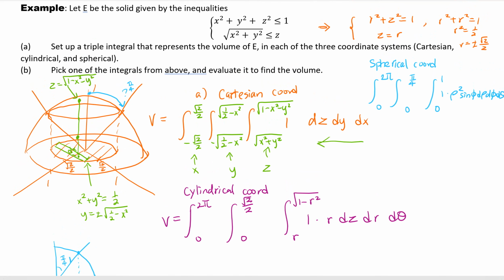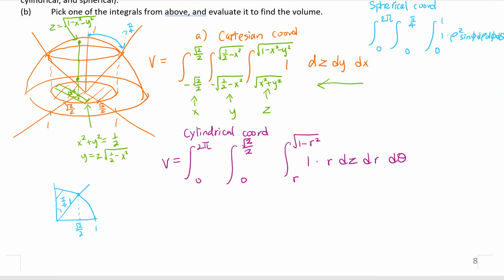That is exactly the rho. So it's right here, from 0 to 1. Okay, and you can see this is the easiest to compute because all the coordinates have constant boundaries. Okay, so let's compute it.